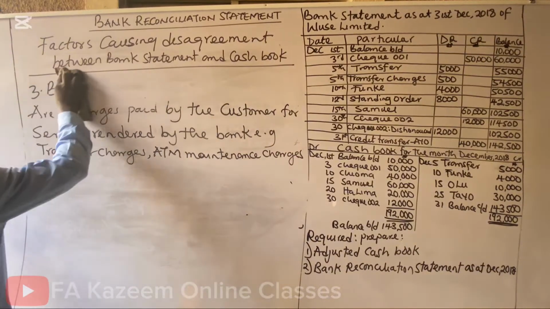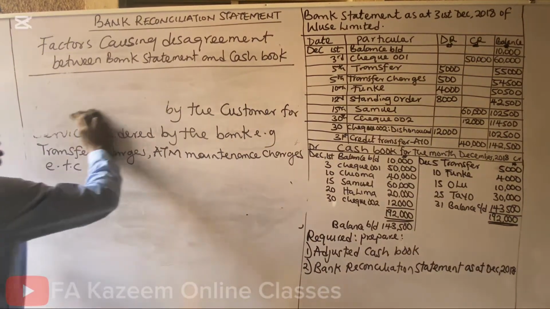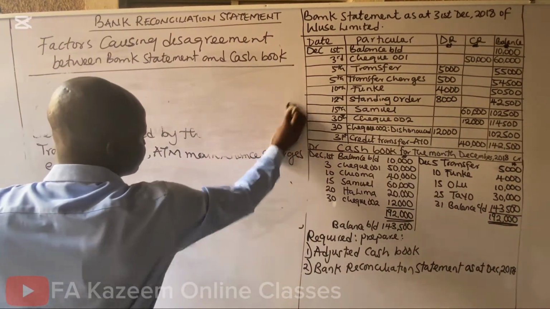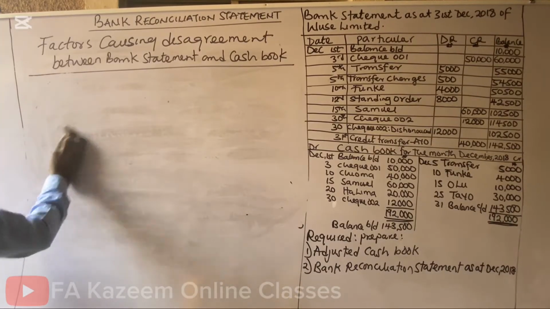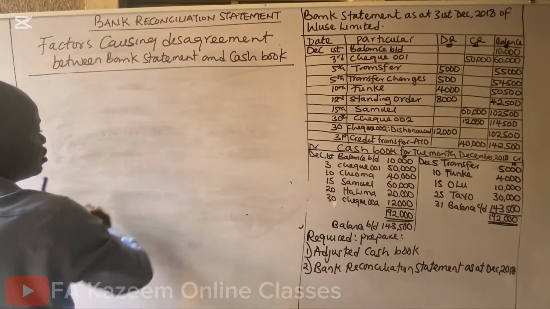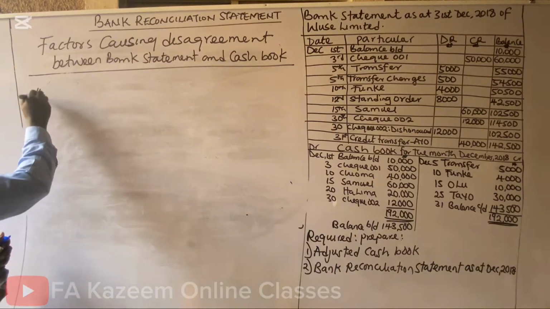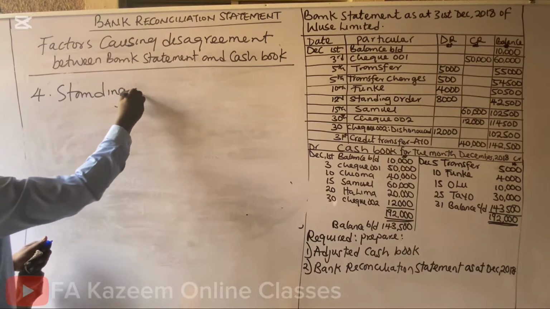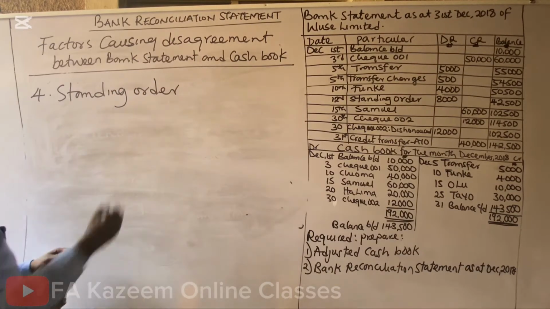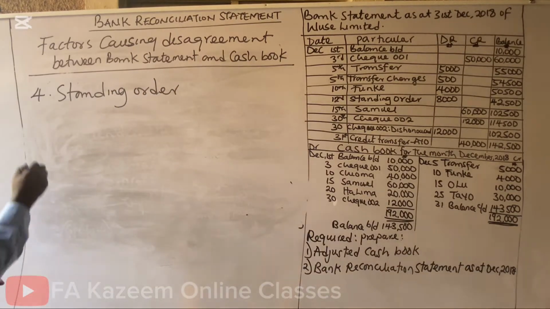We also have what we call standing order. That is another factor that can cause disagreement. Number 4, we have what we call standing order. What is standing order?